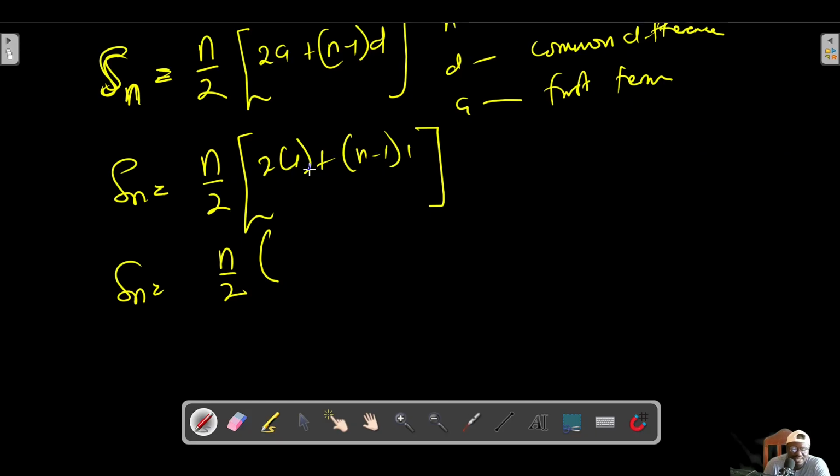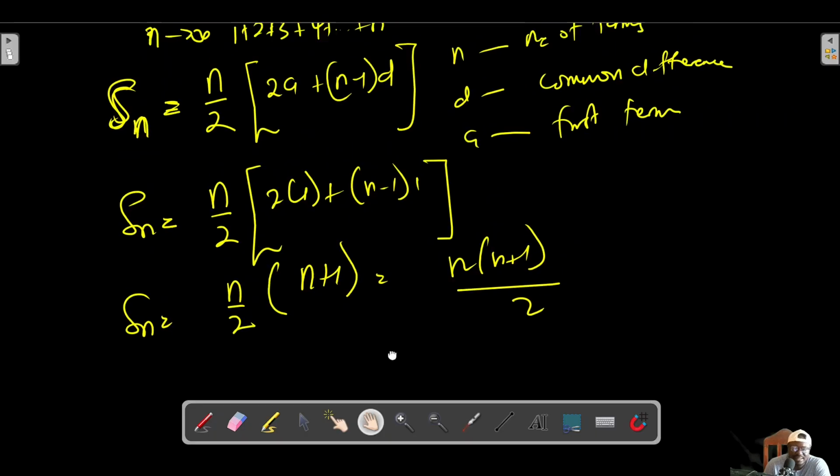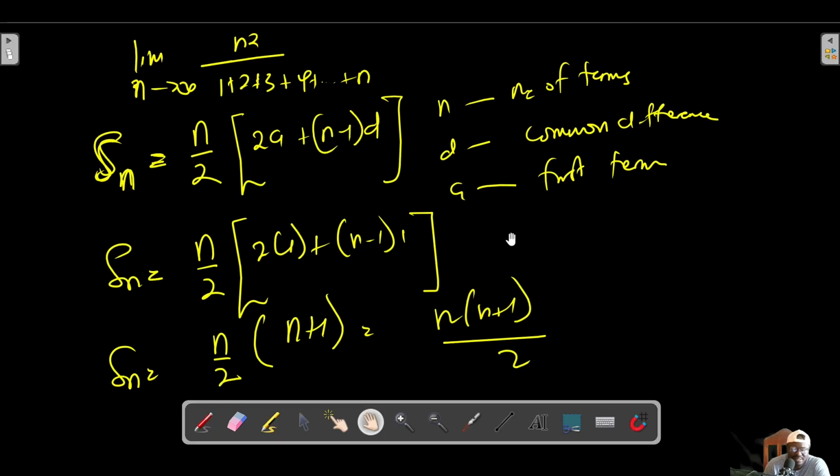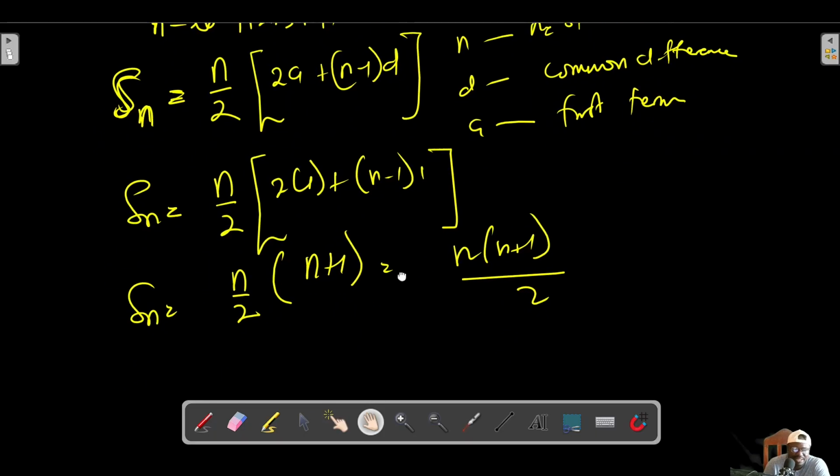So negative 1 plus 2 gives you 1, so I end up with n plus 1. So this is the expression: n multiplying n plus 1 all divided by 2. You've actually seen this somewhere. So you can substitute this into the limit expression.